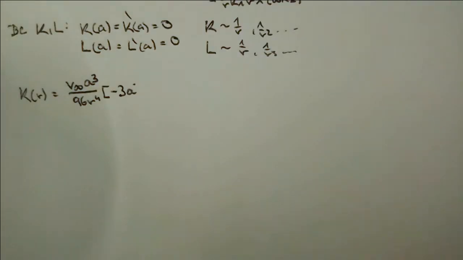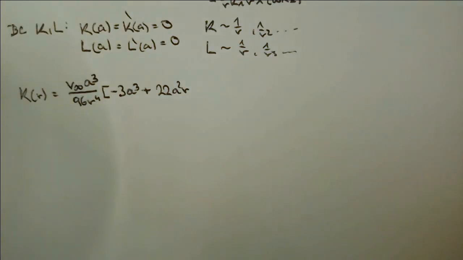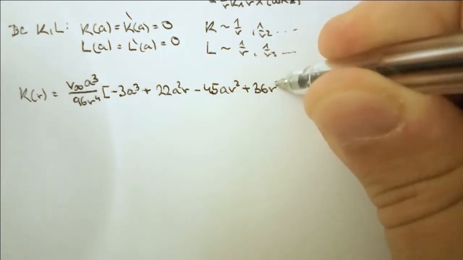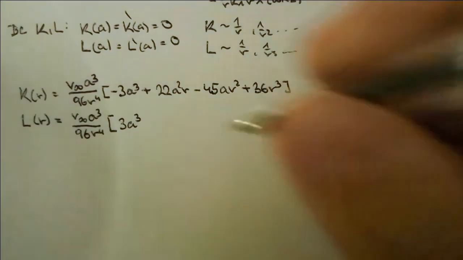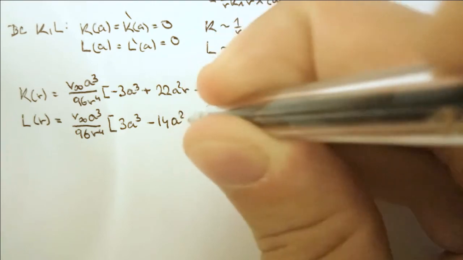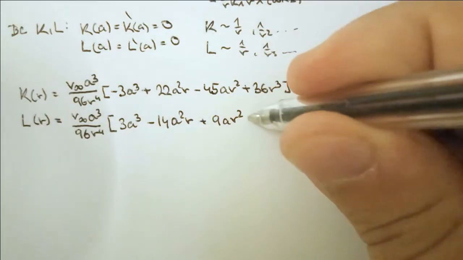There is minus 3a cubed plus 22a squared r minus 45 a r squared plus 36 r cubed, and L as a function of r has the same coefficient, so this is 96 r to the fourth power, and these coefficients are just 3a cubed minus 14 a squared r plus 9 a r cubed plus 12 r cubed.